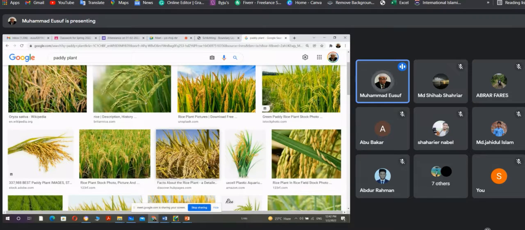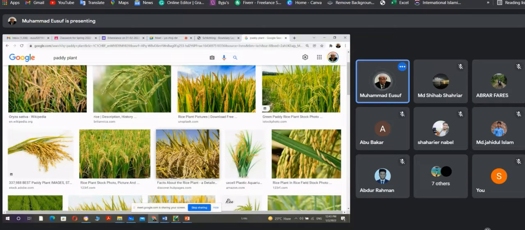Then tush, the husk, is used as fuel. In Sylhet a lot of fuel is made by using the rice husk. Once used in cooking purpose as a fuel, fuel means jalani. Then we get ash.